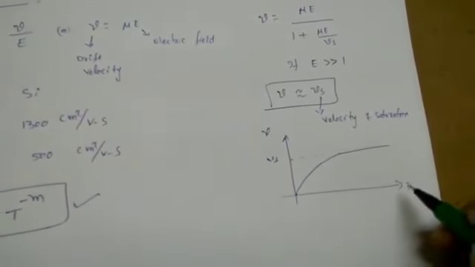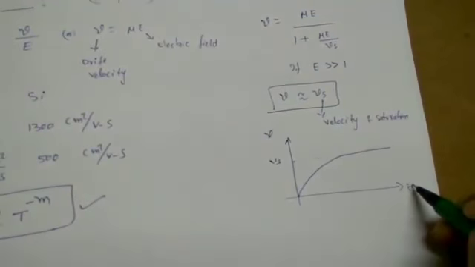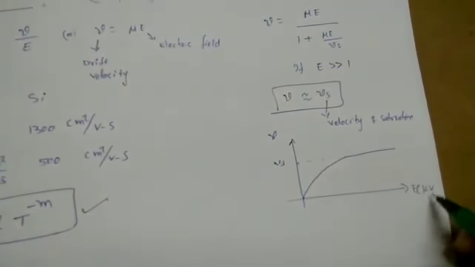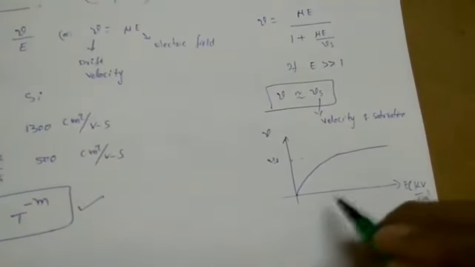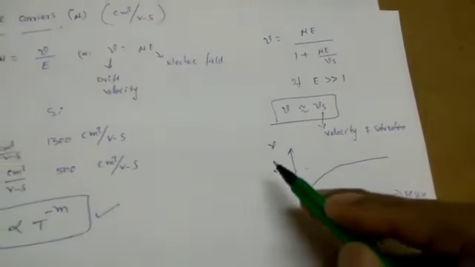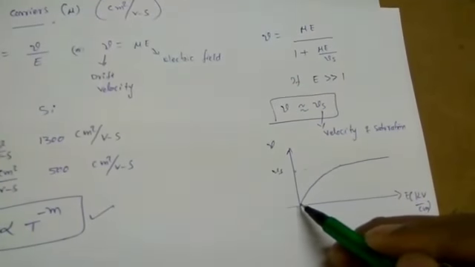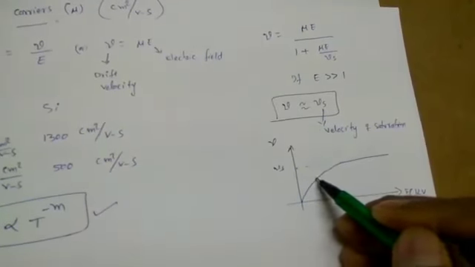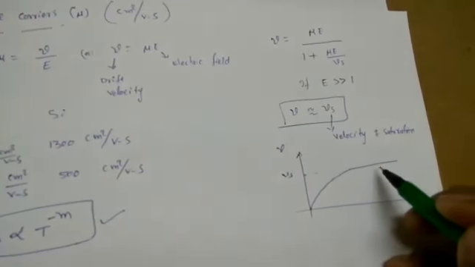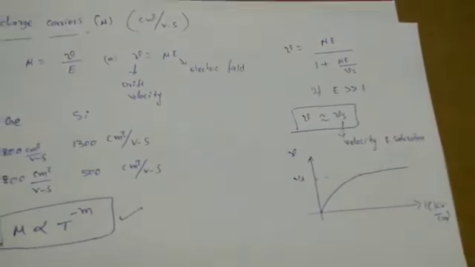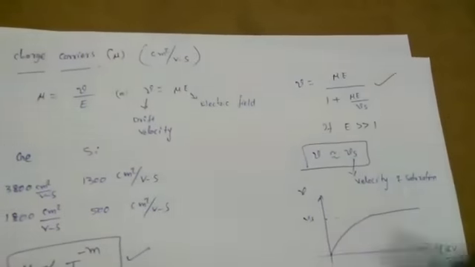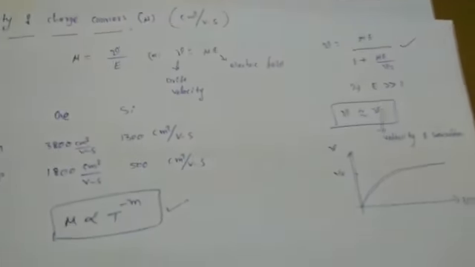Similarly, with the electric field in volts per centimeter or kilovolts per centimeter, if you increase the field slowly, initially the velocity increases linearly, then sublinearly, then becomes almost constant. That is called velocity of saturation. You have to remember this formula also, right?